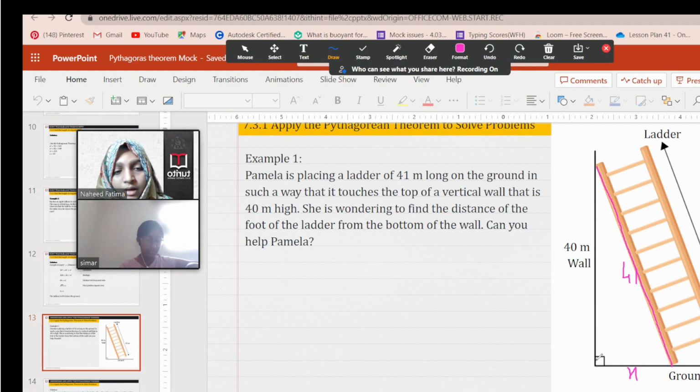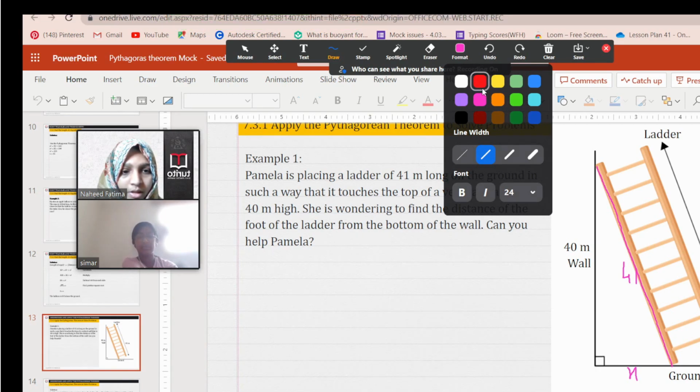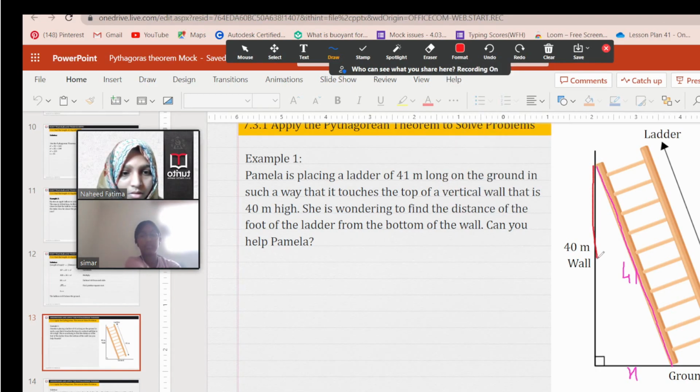It can never be at any other angle. It would fall. It has to be 90 degrees only. So what does that make? This makes a right angle triangle.